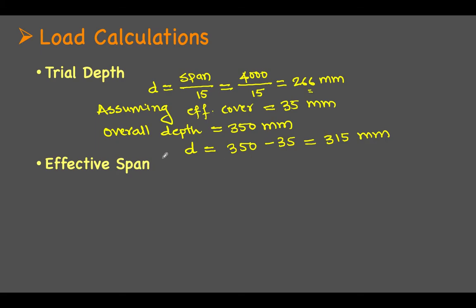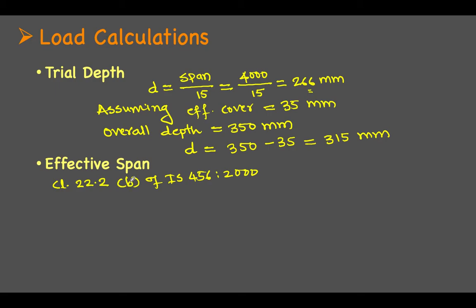Now once we have identified this effective depth, we have to determine the effective span. As we have seen in case of slab, the effective span we have to calculate by referring to the IS 456 codal provisions, and that is clause 22.2 part B of IS 456:2000.